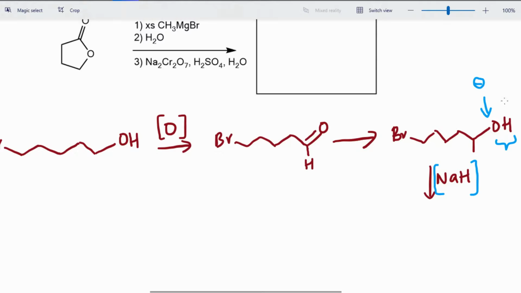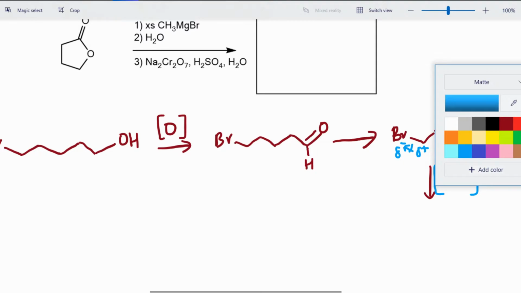It's a nucleophile. You have a carbon here that, because of this bromine, is partially positive. It's pulling all the electrons away.